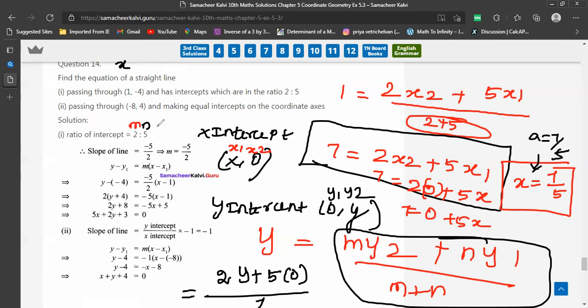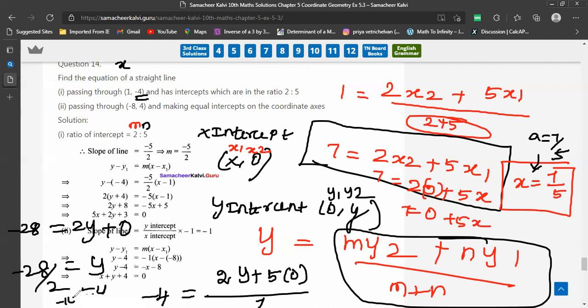So you will equate it to the y coordinate. Y coordinate is -4. So you'll put -4 here. So 7 into -4 is -28 equal to 2y plus 0. So it's y equal to -28 upon 2. So y is equal to -14. So that will be your y-intercept, which means that is your B.